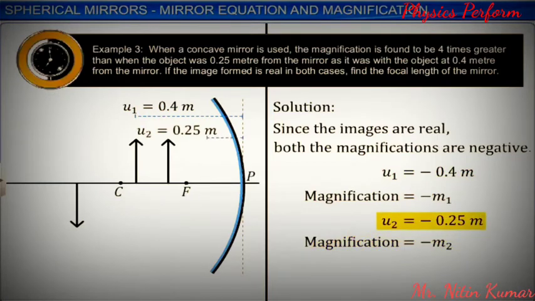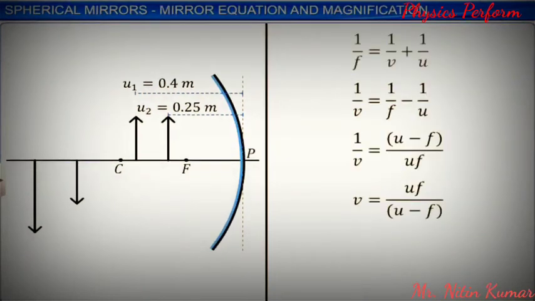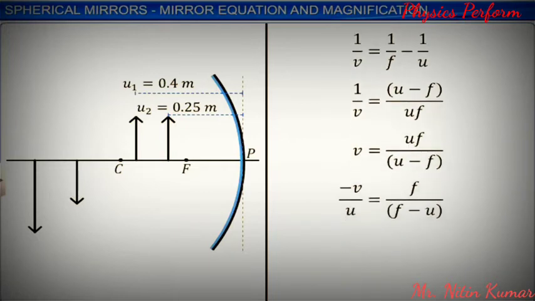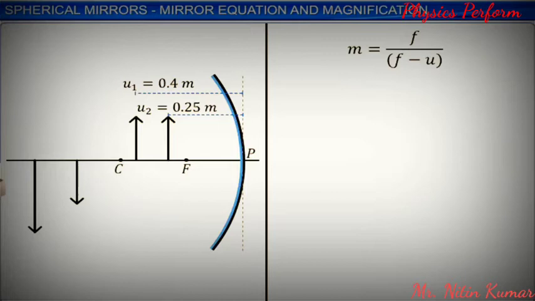Then, m1 is equal to f divided by f minus u1 and m2 is equal to f divided by f minus u2. Now we can write minus m2 is equal to 4 into minus m1. That can also be written as m2 is equal to 4 into m1.